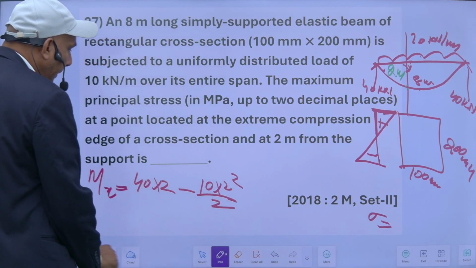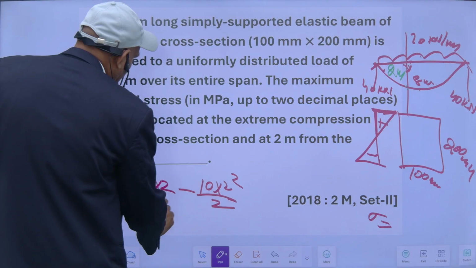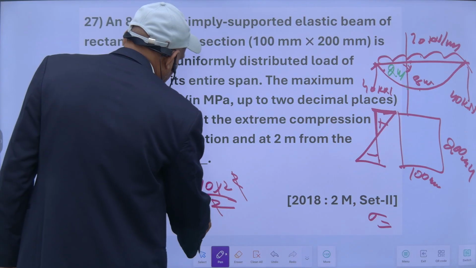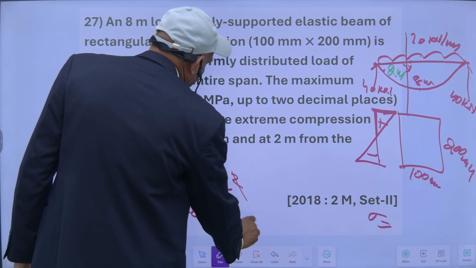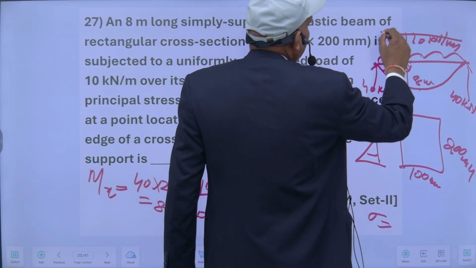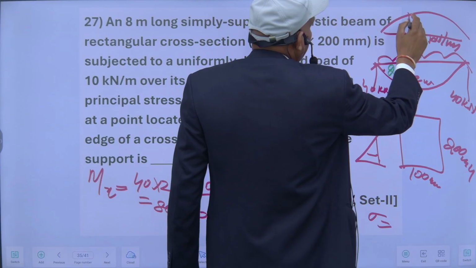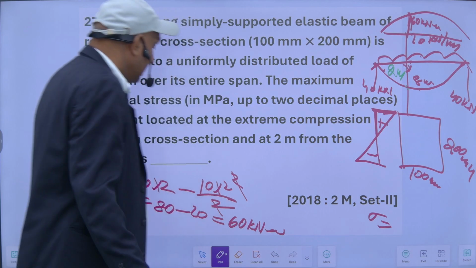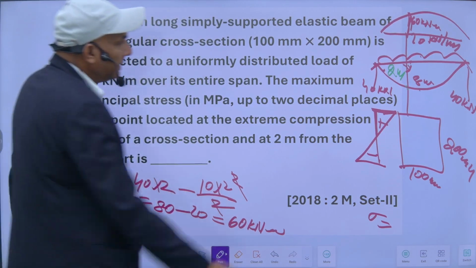So this will be 80 minus 20, which means 60 kilonewton meter is the bending moment at this point.